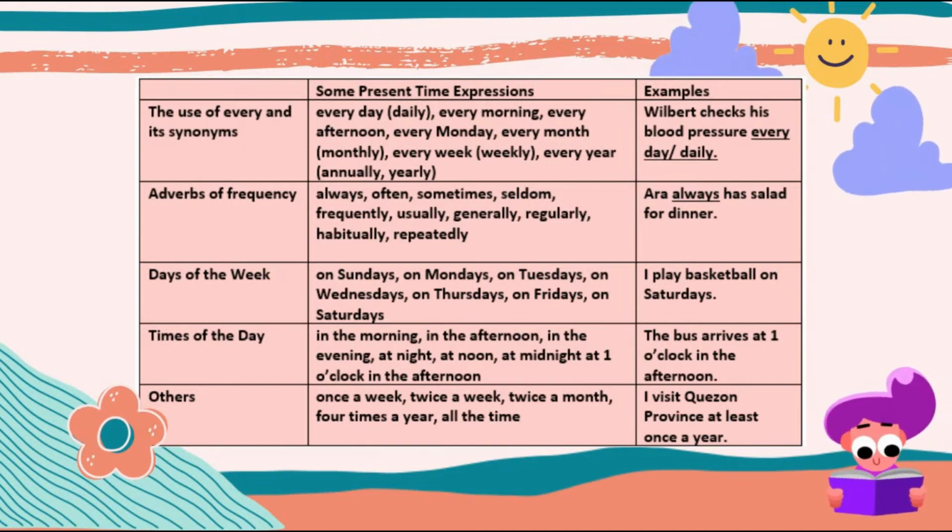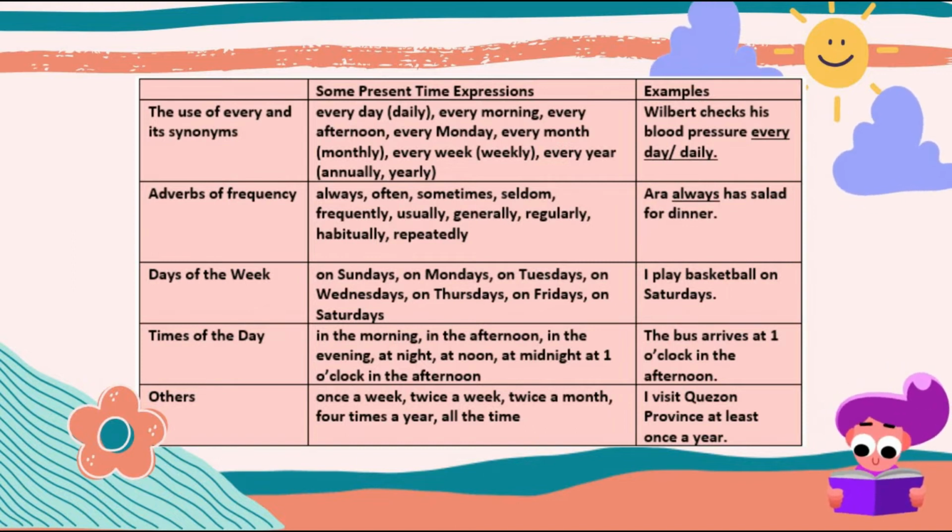Okay, class, always remember that these adverbs of frequency usually go before the verb. You should always place these adverbs of frequency before the verb. So for example, Ara always has salad for dinner. As you can see, the adverb of frequency, which is always, is placed before the verb.